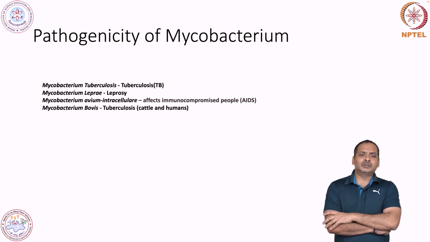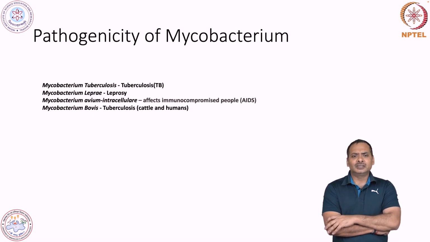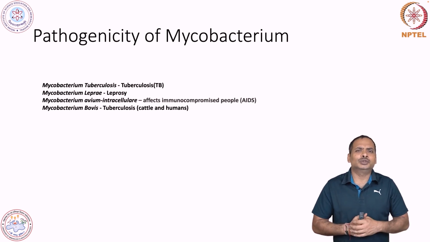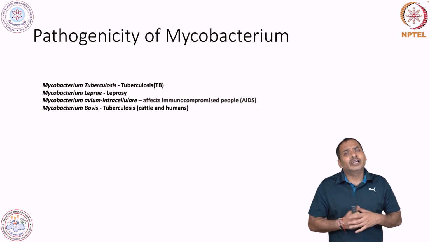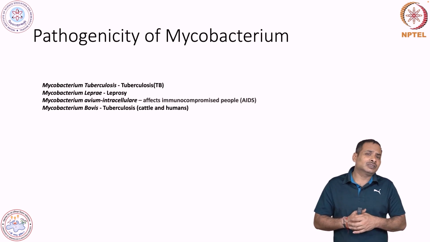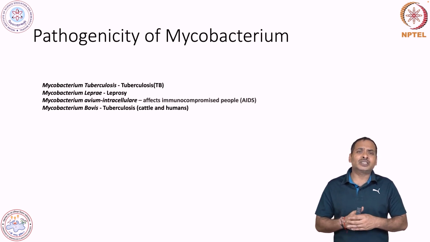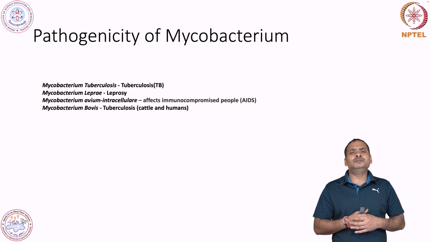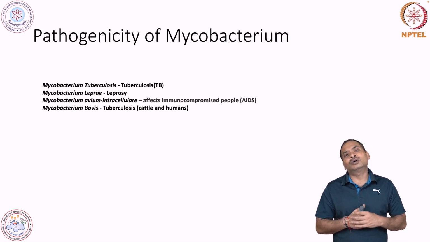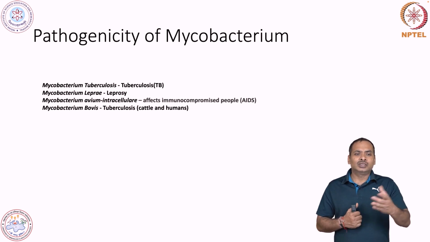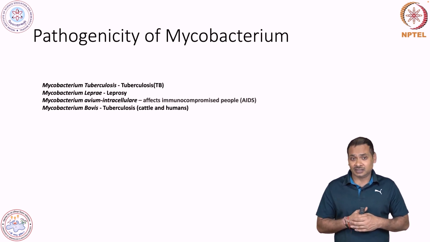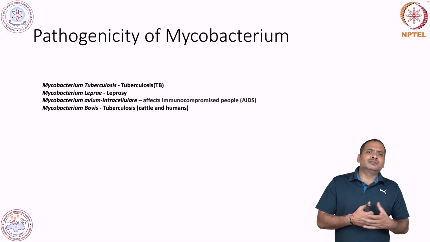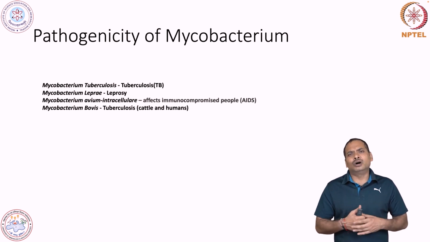There is Mycobacterium avium intracellulare, which basically affects immunocompromised individuals, such as people with acquired immunodeficiency syndrome infected with HIV, or individuals with a congenital immunodeficiency. So Mycobacterium avium can infect and cause disease. Another is Mycobacterium bovis, which is quite common.